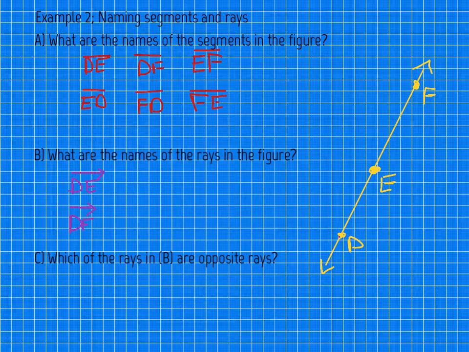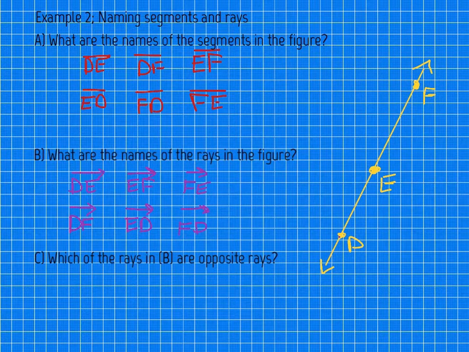So the next one is we have E as our endpoint, and we could go towards the F, so EF. Or we have ray E, and we could go towards the D. So we have ED. And then finally we have the ray F starting at the endpoint F and then going to the E, or ray FD. Those are the possible rays in this line.